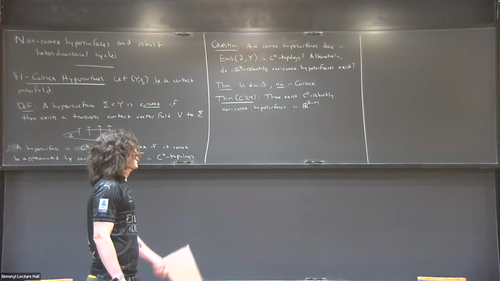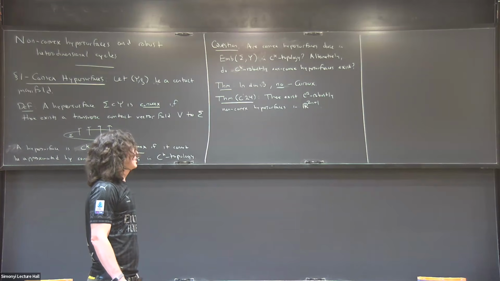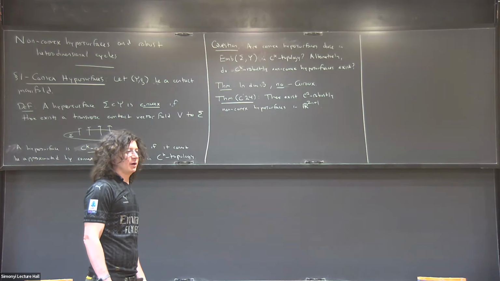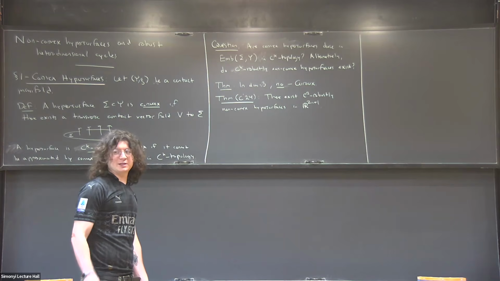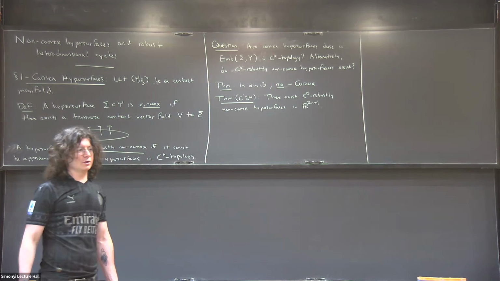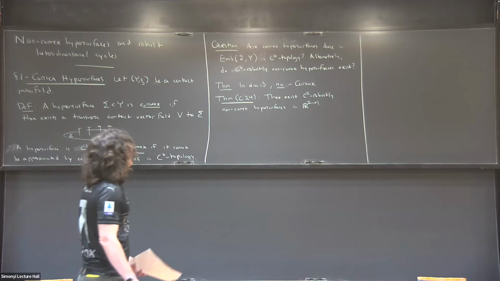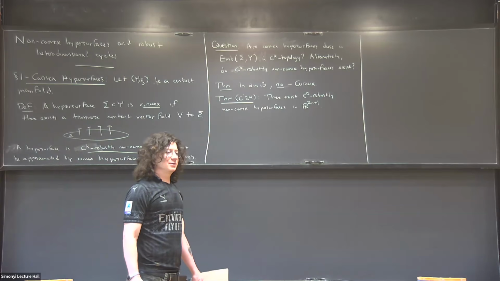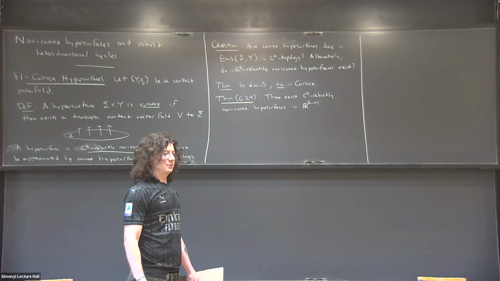Another theorem is that everything can be approximated in the C0 topology by a convex hypersurface. So really, this is a phenomenon that happens once you get to C2. Okay, I'm just getting confused with all the negatives. So yes, if you have a C2 robustly non-convex hypersurface, it's definitely C^k robustly non-convex.